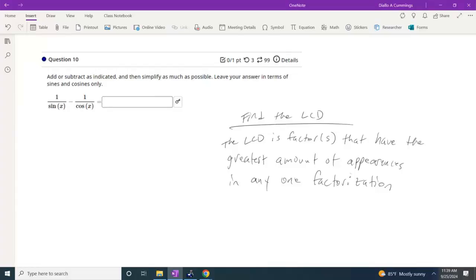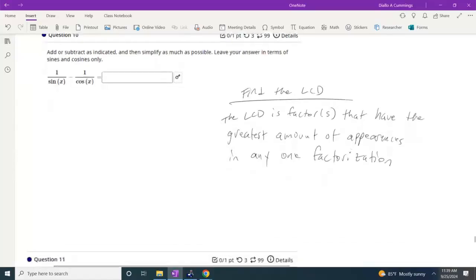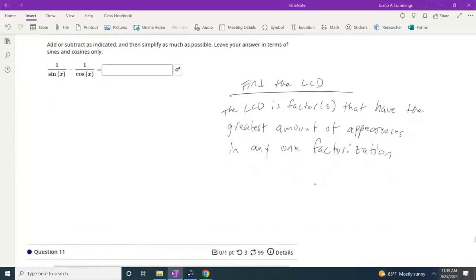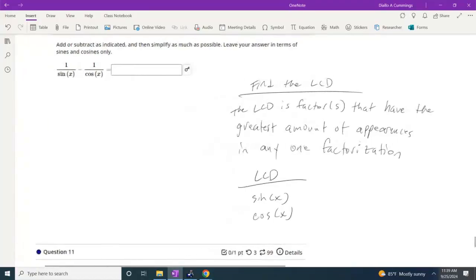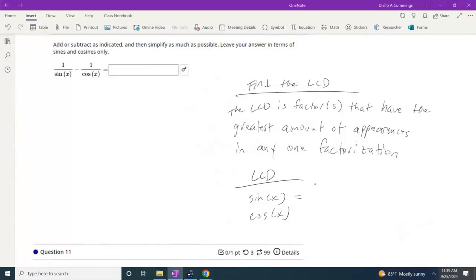So in order to find the least common denominator for my problem, I simply want to write down all of my denominators. My denominators are sine x and cosine x. Now you have to factor the denominators.